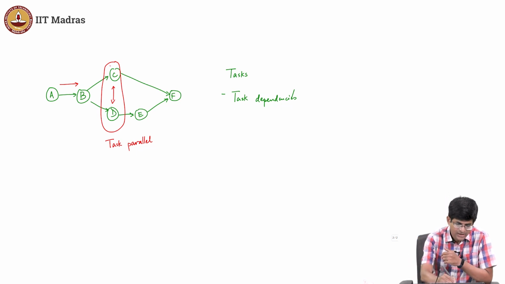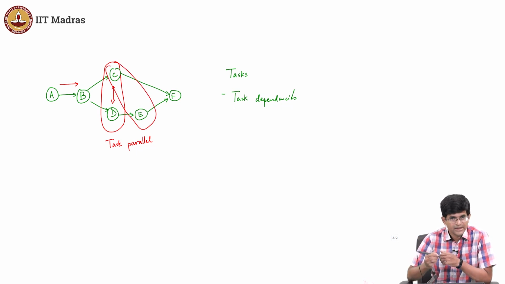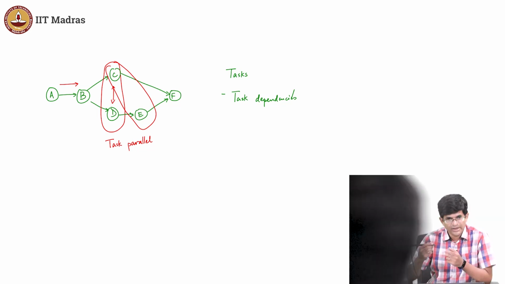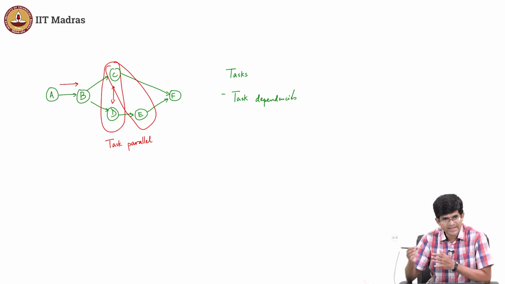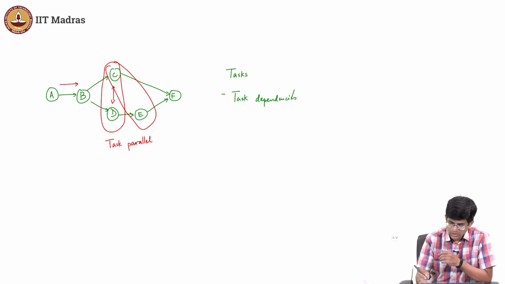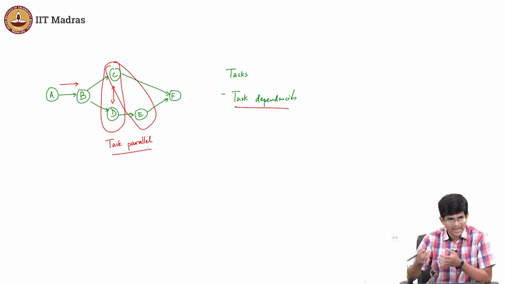Similarly, C and E are also task parallel, right. I do not care about the order in which I do C and E. What I do care about is E should happen only after D. As long as that is taken care of, whether I do D, E, C, C, D, E, D, C, E, right, none of those matter. Okay. So this kind of dependencies and the parallelism in tasks can be captured like this.